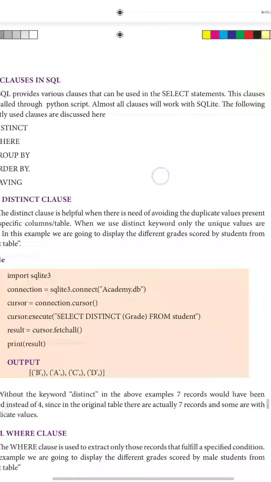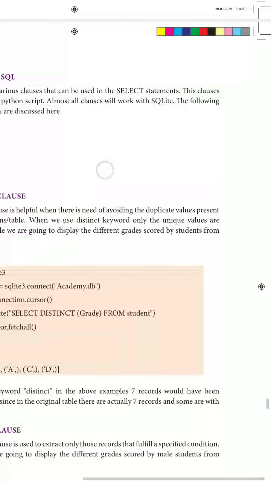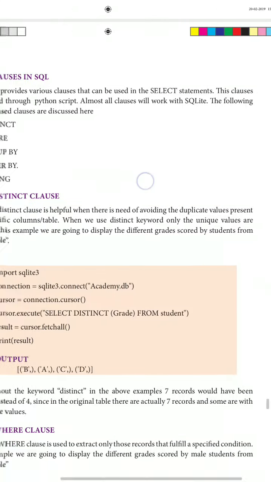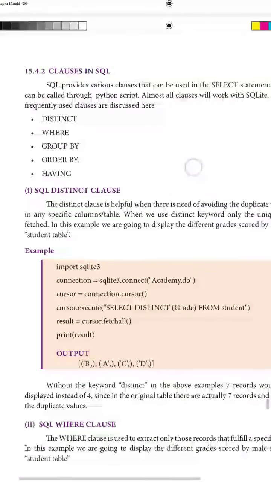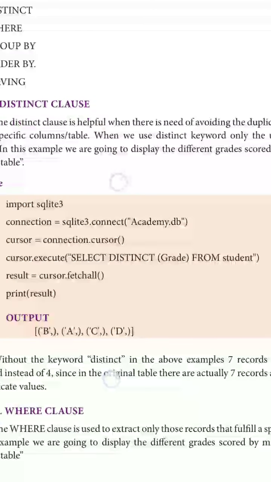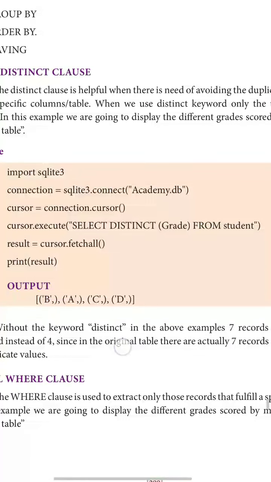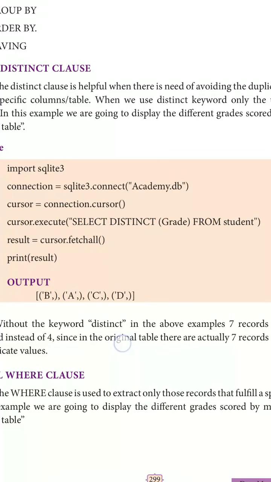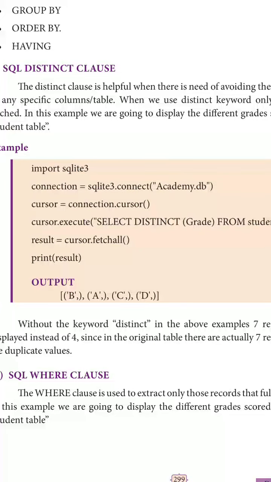In this example, we are going to display the different grades scored by students from the student table. Here you can see select distinct grade from student. It will provide all the possible grades obtained by the students, without duplicate elements.